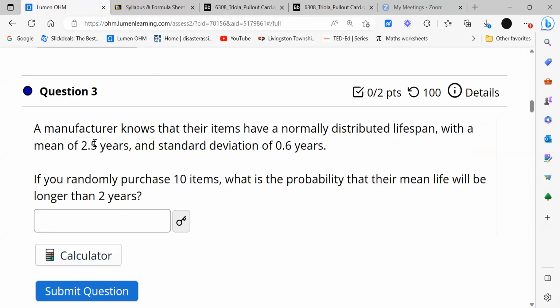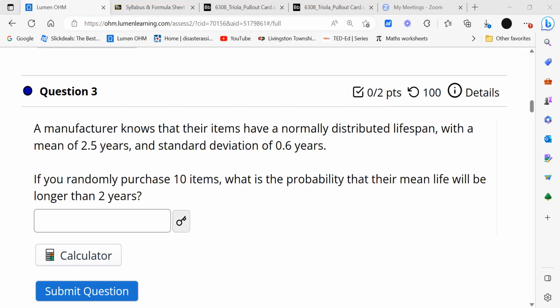So we still have a normal distribution, but we're going to apply the central limit theorem in this example here, because there's a randomly selected sample. So we have a randomly selected sample, a purchase sample of 10 items.